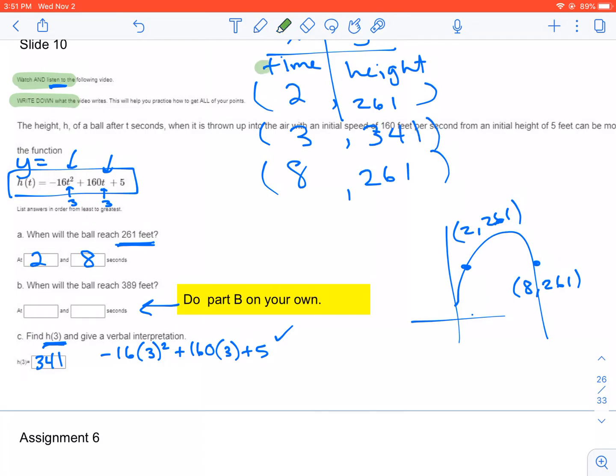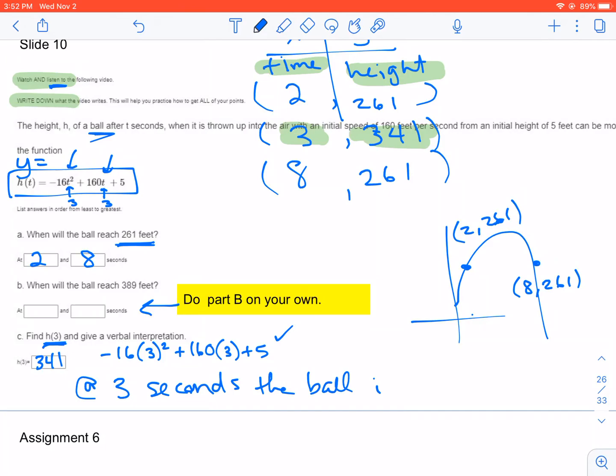So if you look back at your labels, that's going to tell you the verbal interpretation. So we're going to say at 3 seconds, and we're talking about a ball. So we'll say the ball is, and then this 341 is talking about high. 341, what are we talking about? 341, is it feet?